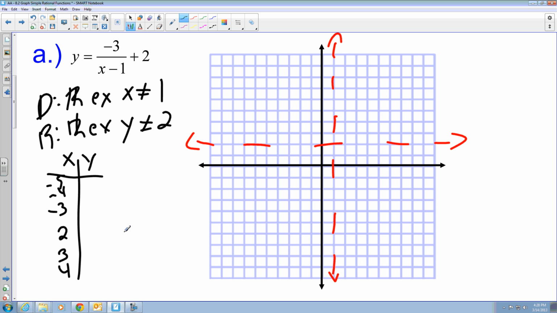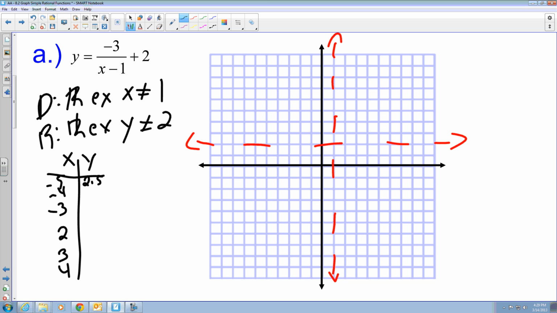And so what I can do here is say, okay, I take -5 and subtract 1. So -5 minus 1 gives me -6. -3 divided by -6 would give me 1/2. Then 1/2 plus 2 would give me 2.5.